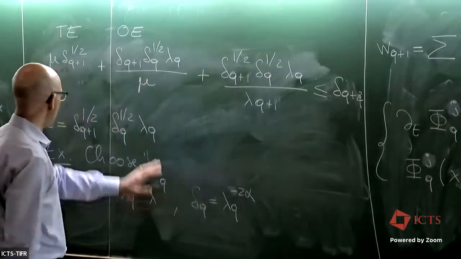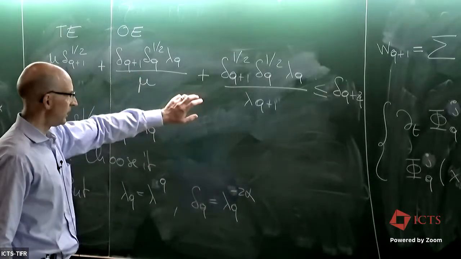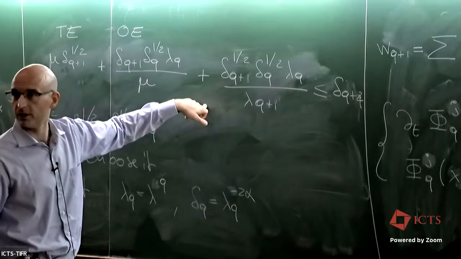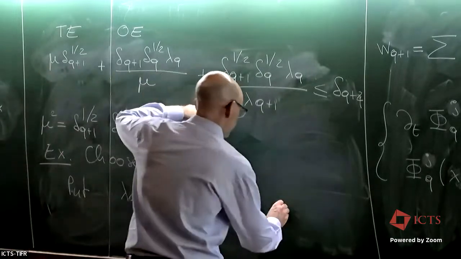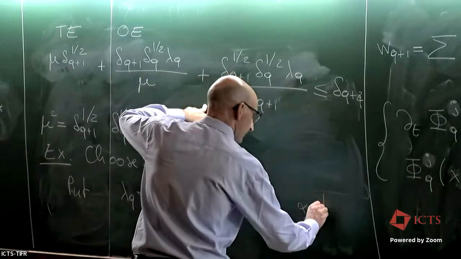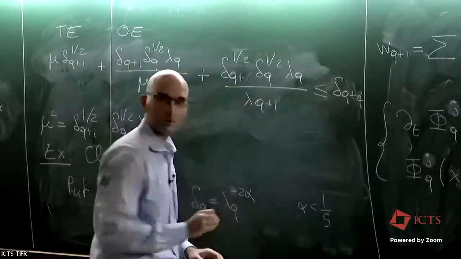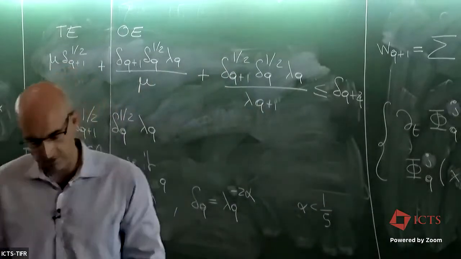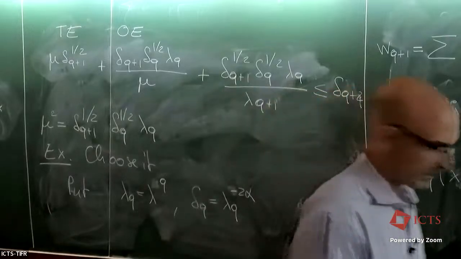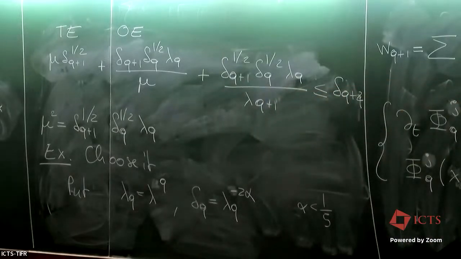See which alpha actually allow to close this inductive assumption, and you will find that alpha has to be less than 1 over 5. Okay, and that is kind of the iteration at which we get. I mean, the Hölder exponent at which we get.